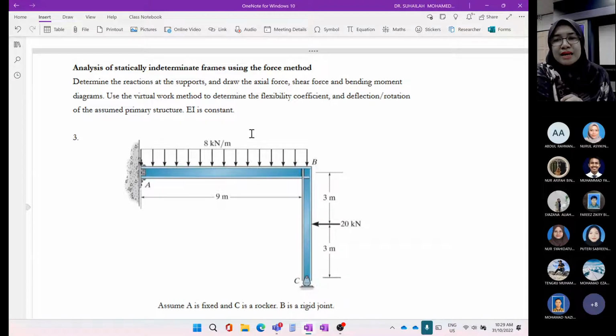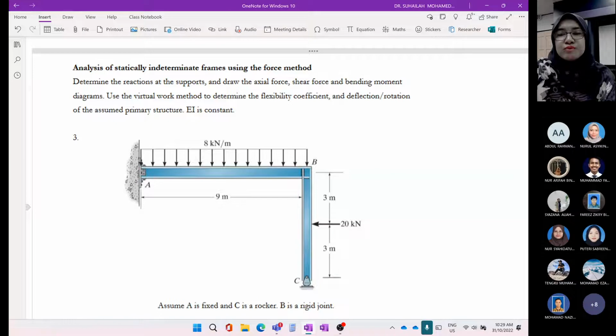We will calculate the unknown reactions. There are 4 unknown reactions, and always remember that only 3 can be solved using equilibrium equations. So we have one redundant, which is the problem.